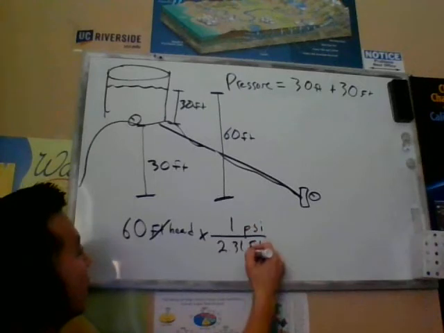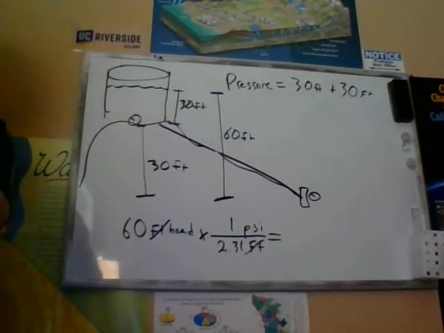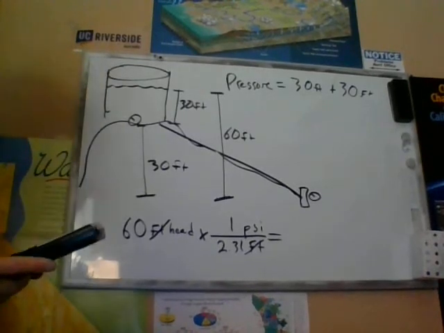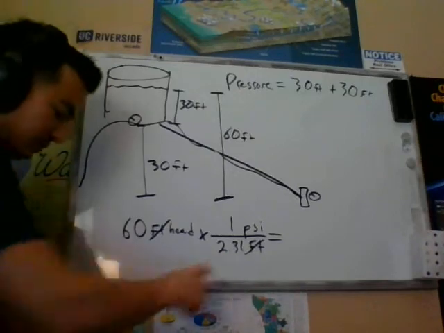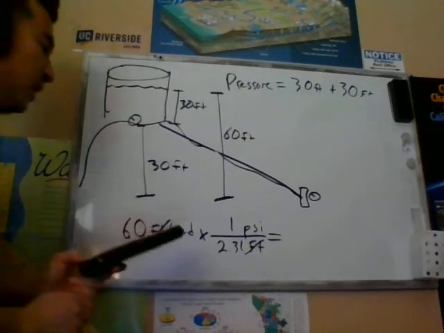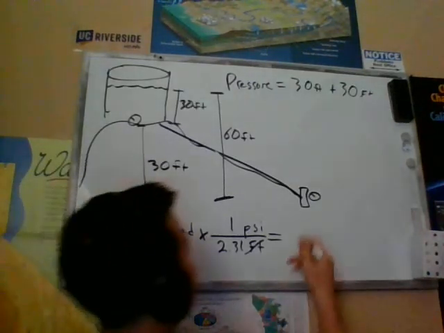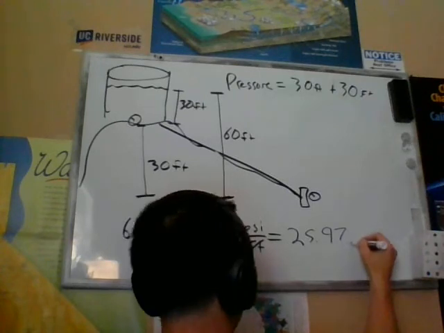My feet of head are going to cancel out, and I'm going to get to just pounds per square inch. So in my calculator, 60 divided by 2.31 is going to give me 25.97 PSI.